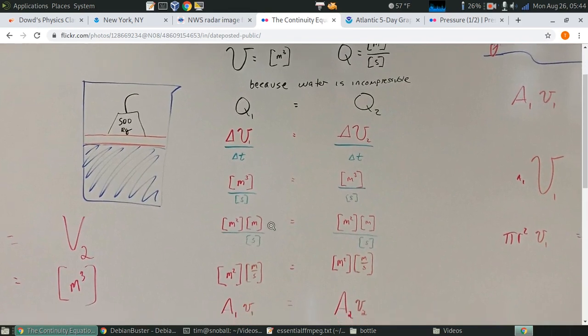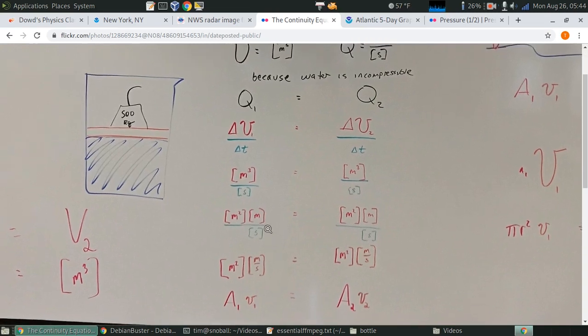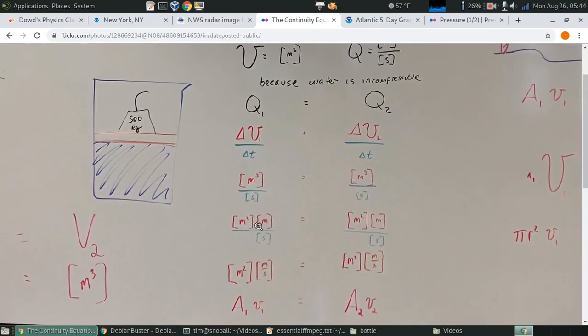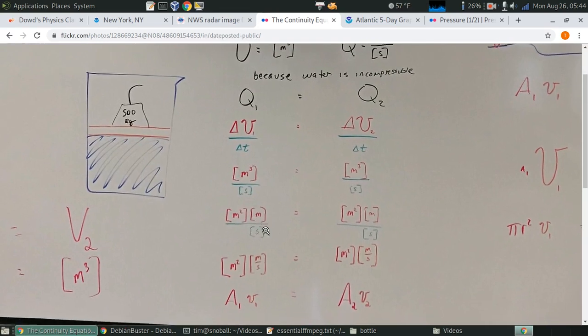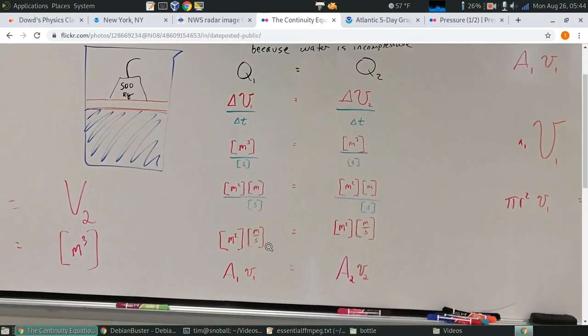I'm just going to break the meters cubed into two terms. And the reason I'm doing this is I end up with meters per second when I pull a meter out of meters cubed. Meters per second, of course, is the unit for velocity. And so we're talking about how fast water comes out of a pipe.